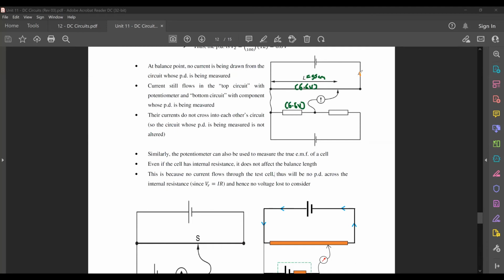If you're talking about it at 100 centimeter, it had a PD of 12 volts. Okay, so the key thing to remember is, once galvanometer reading is 0, the PD across your balance length will be equals to the PD across whatever you're trying to measure. Okay, that's the main thing here, key take-off point here.